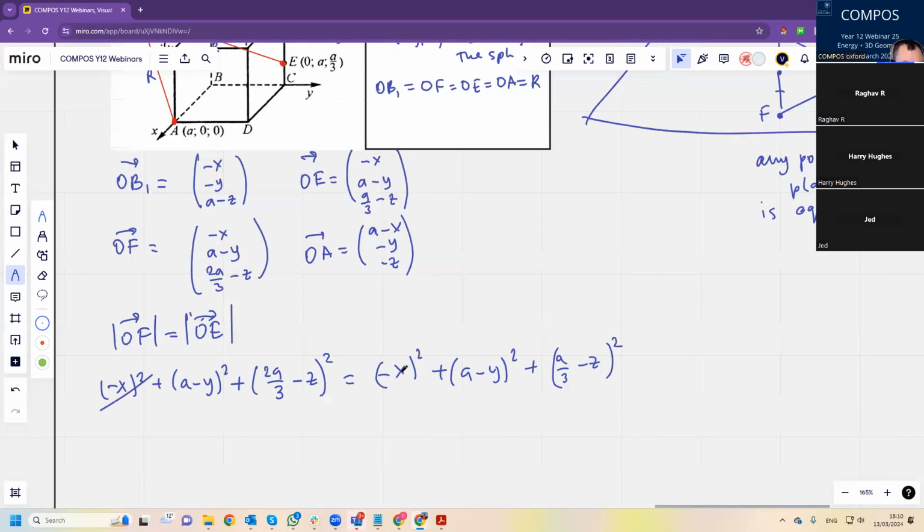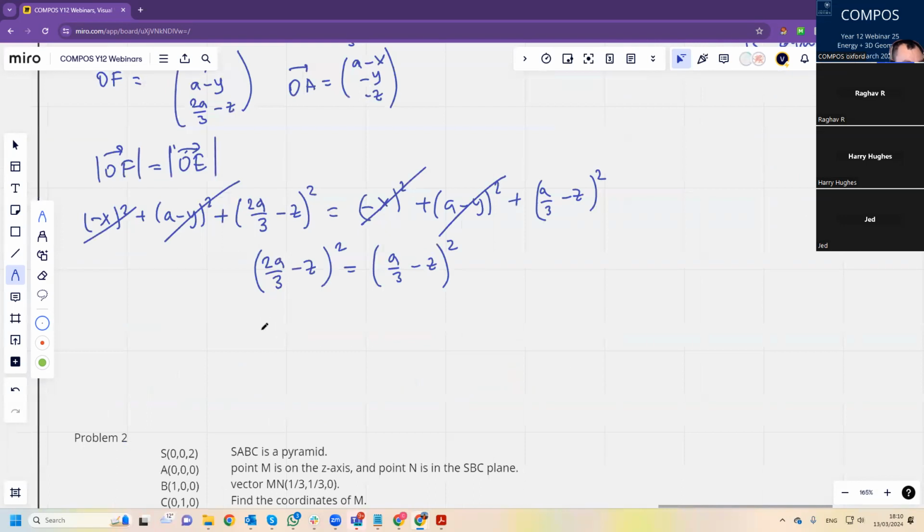You can see that this cancels, and we get these points. So 2a over 3 minus z, all squared, is equal to a over 3 minus z, all squared. That either means 2a over 3 minus z equals a over 3 minus z, or 2a over 3 minus z equals z minus a over 3.